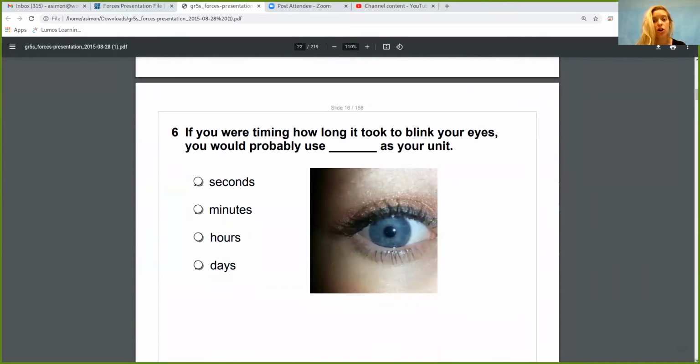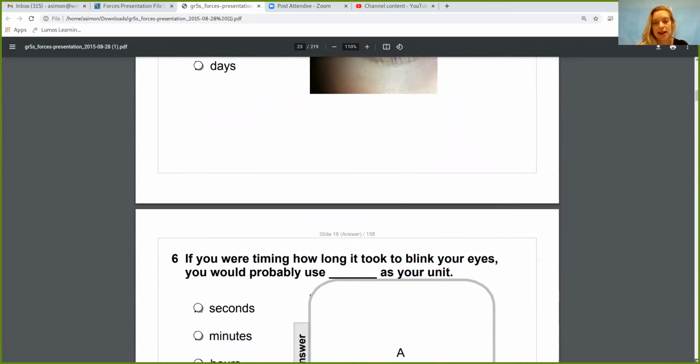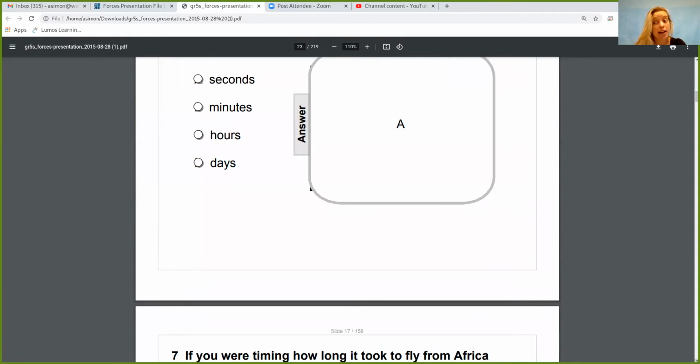If you were timing how long it took to blink your eyes, you would probably use what? Seconds, minutes, hours, or days? Obviously, this one is going to be seconds. Even if you had a staring contest with somebody, you're only going to be able to use seconds there. If someone's not blinking for days, we have a problem.